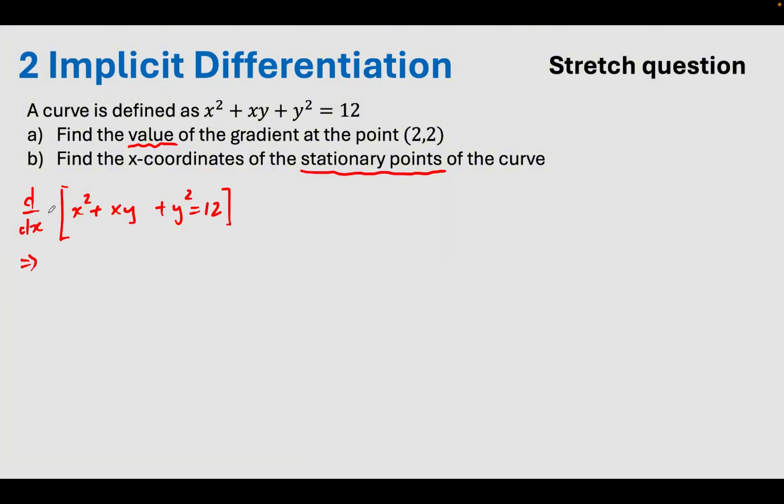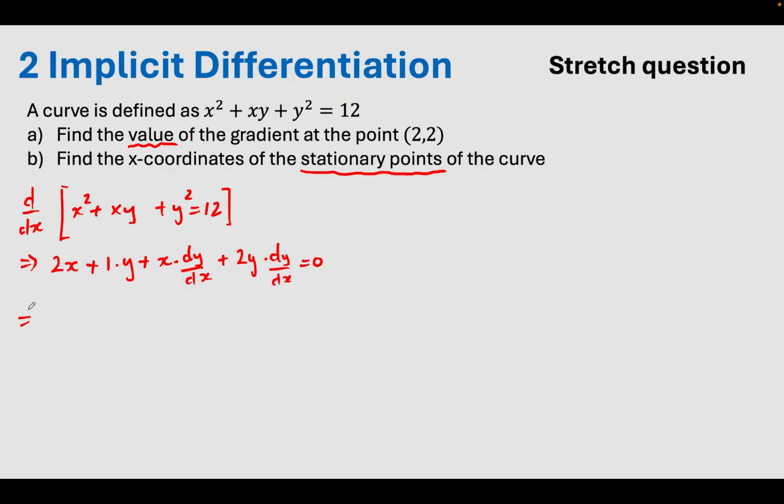So that means when I apply this, I should get d by dx of x squared, which is 2x. Here I'll have to use the product rule. So I'll just get plus d by dx of x, which is 1, times y, plus x, times the derivative of y, which is dy/dx, plus the derivative of this with respect to y, so 2y dy/dx equals 0.